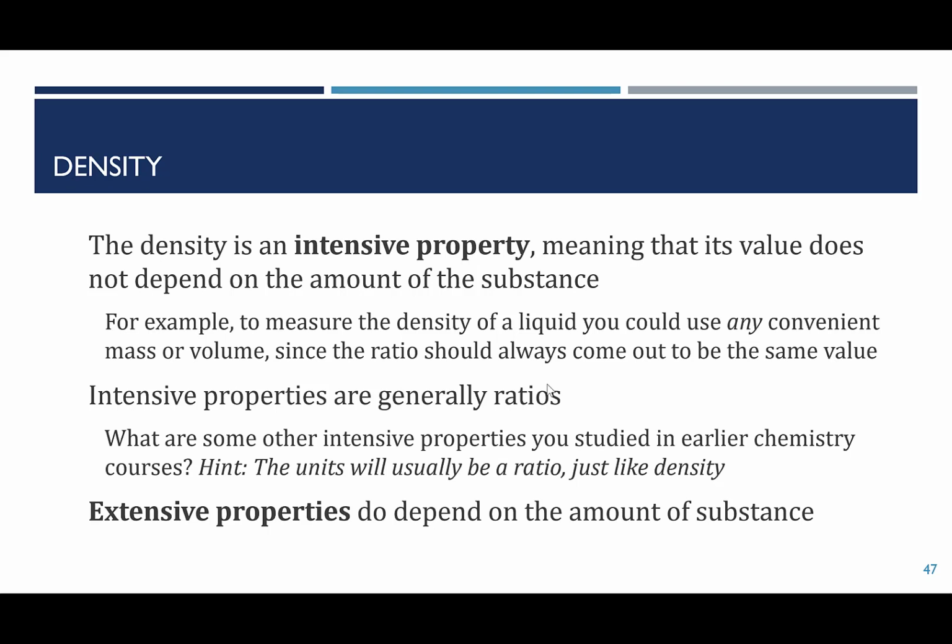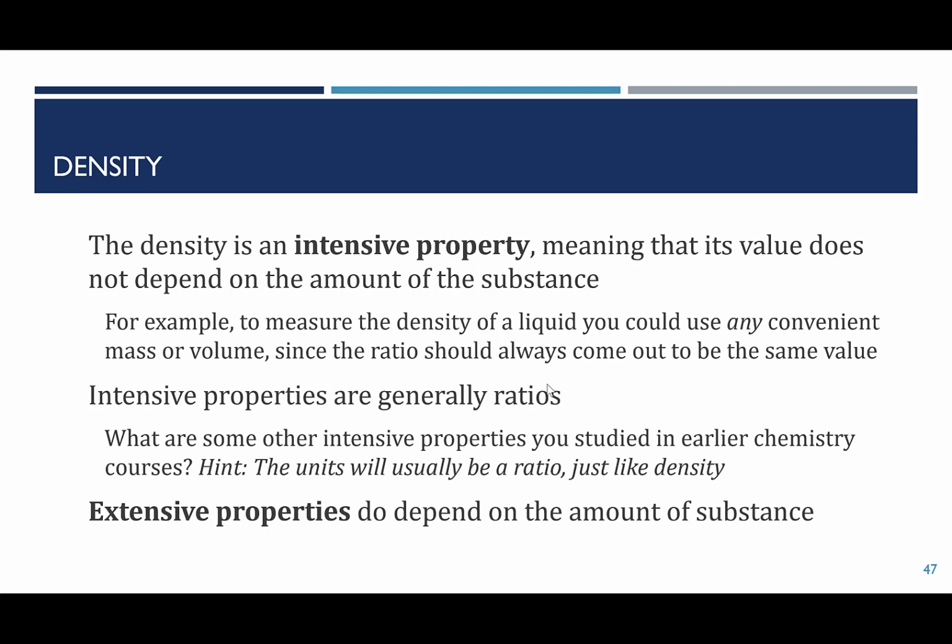So for a given material at the same temperature and the same pressure, its density will always be the same under those conditions. So the density of water, 1 gram per milliliter at approximately room temperature. It doesn't matter if you have 1 drop of it or a swimming pool of it. It's simply going to always be that particular value.